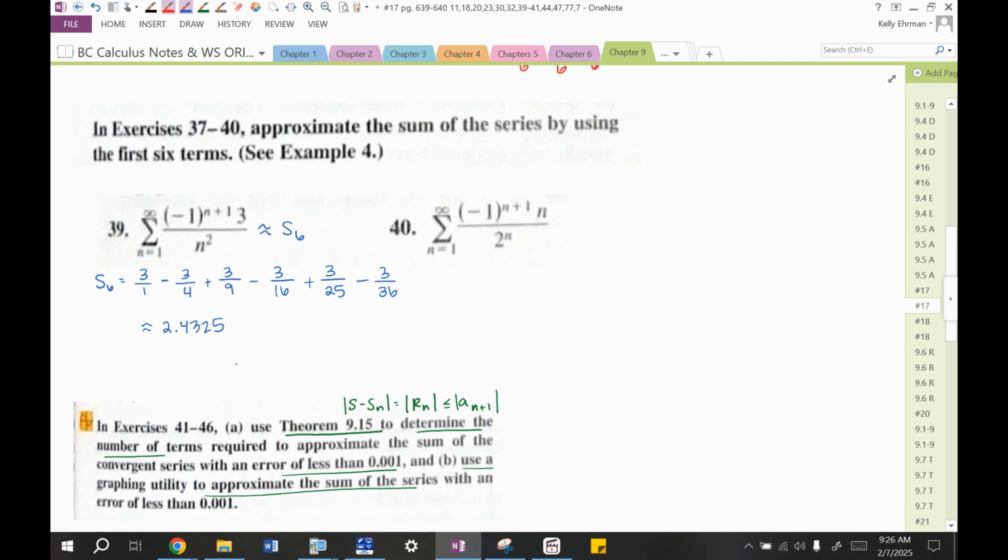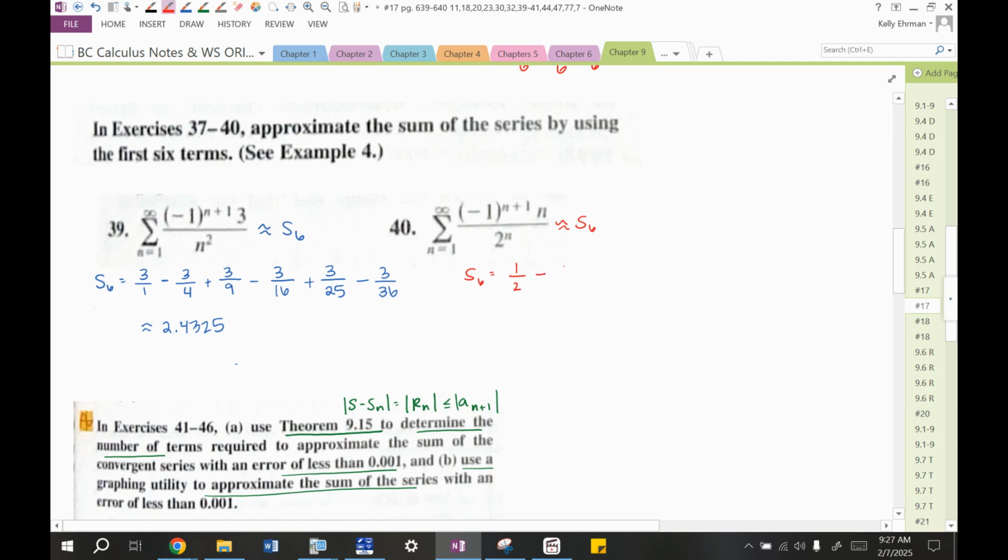Okay, I can do the same thing for the next one. So go ahead, we're saying approximate this using 6 terms, the 6th partial sum. So I just want to write out what the terms would be. Sometimes you are asked to write out the first three terms of this and then the nth term or something. So, okay, if we plug in 1, again, we get negative 1 squared. So the first term is positive, 1 over 2 to the first. The next term will be negative.